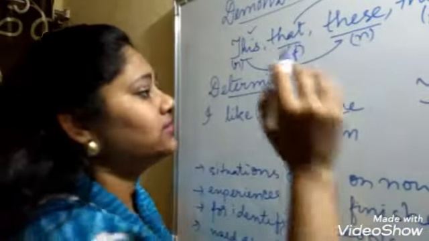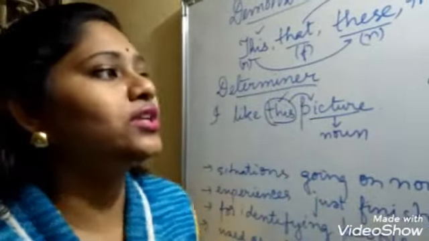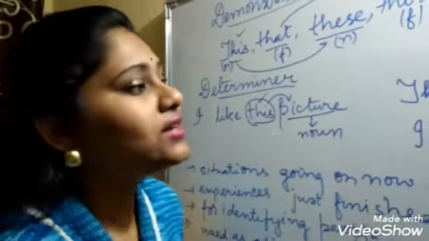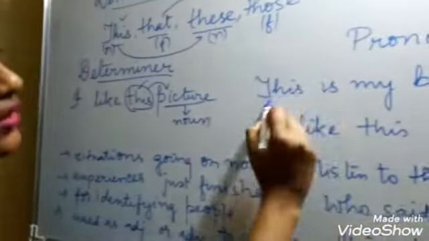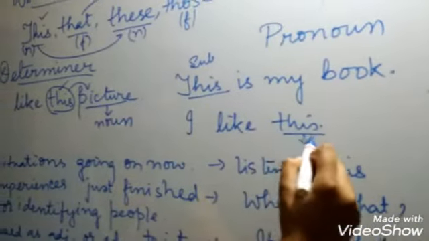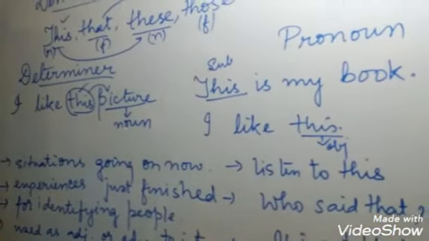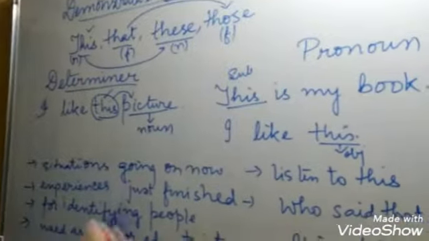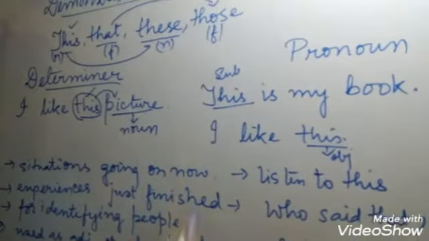But when it is used as a pronoun, it can act as the subject or object in a sentence. Like this is my book. Here it is acting as the subject. I like this. Here this is acting as the object. Okay. So these 4 words are demonstrative pronouns. They can also act as determiners or pronoun. How? That I have said.